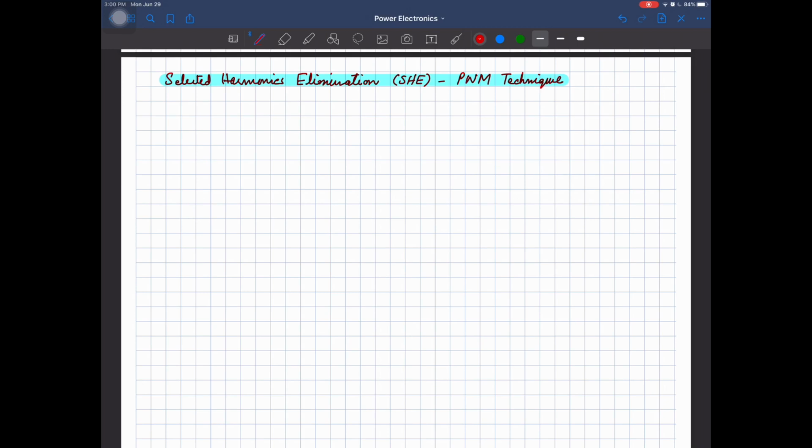Okay, so for selected harmonic elimination, there must be half wave symmetry and quarter wave symmetry in the inverter output voltage waveform. If these two symmetries exist, then according to the Fourier series expression, we can cancel out An.